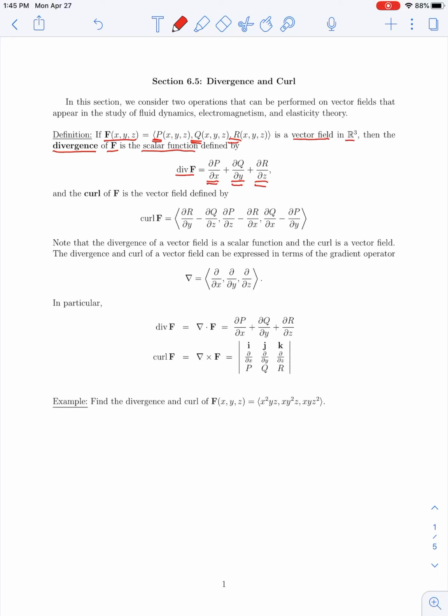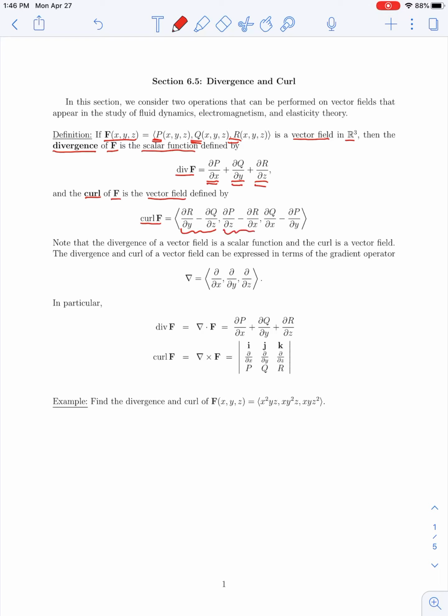Now the other operation, which we're going to talk about, is the curl of a vector field. And now the curl of a vector field is itself a vector field, which is defined as follows. So first, the notation is curl F, and it is the vector field where the first component function is the difference in the partial derivative of R with respect to y and partial of Q with respect to z.